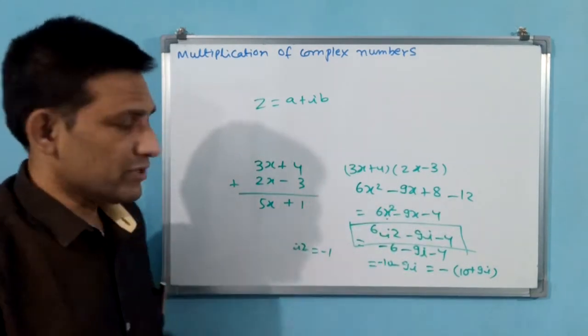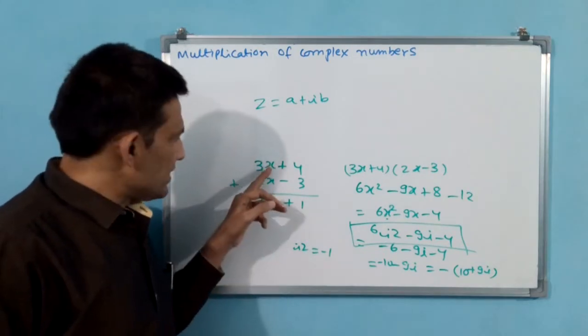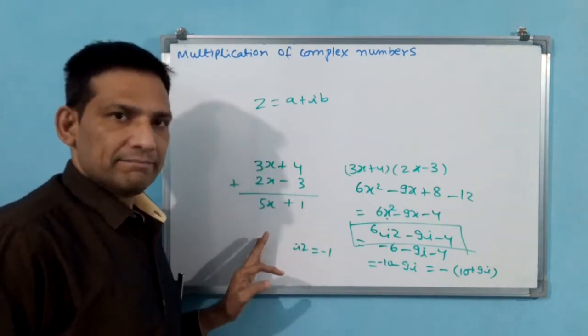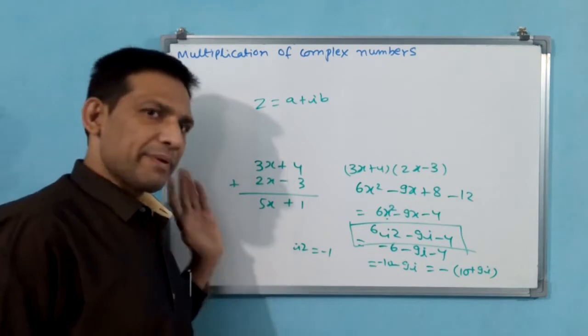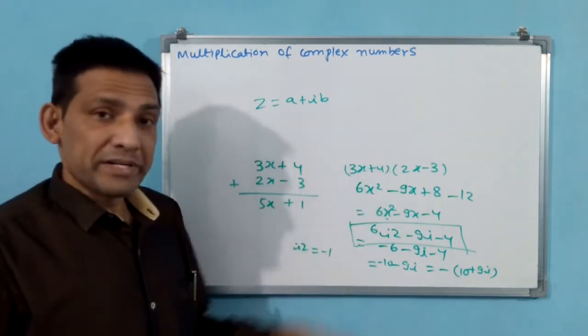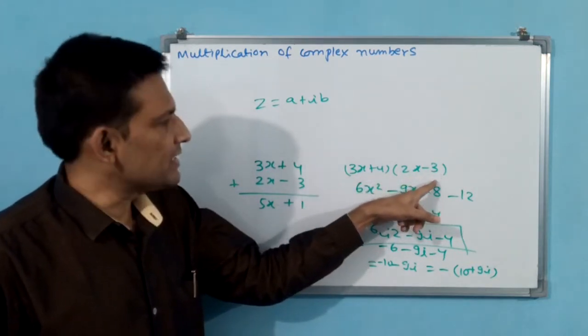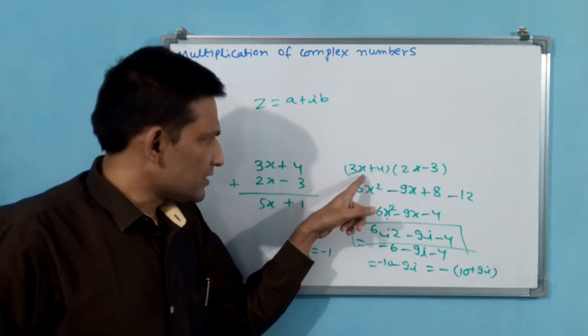Algebraic multiplication only. What I want to say is, when you add, only x terms we add, and constants we add separately, even in subtraction, the difference. But when you multiply, x term with constant term, x term with x term.